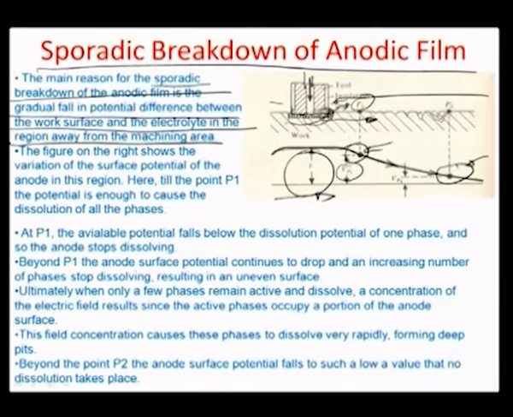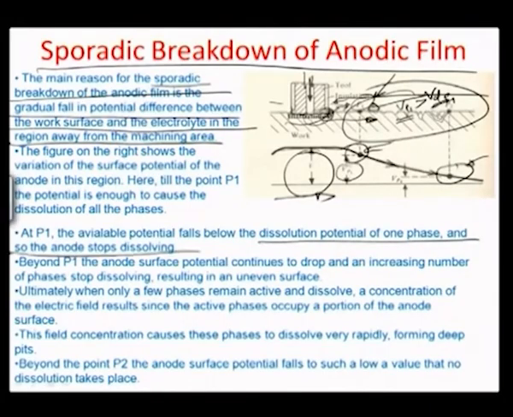So, supposing there is an alloy in this particular region, and particularly in the region P1, there may be a phase where the potential which is available here is greater than the dissolution potential of that particular phase available at P1. So, there would be selective dissolution at P1, obviously by the reasons shown before, and the dissolution potential of one phase would ensure that only one phase comes out.